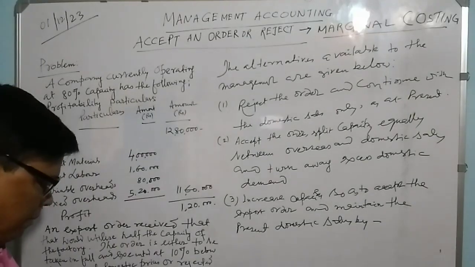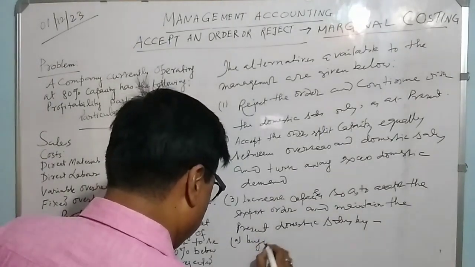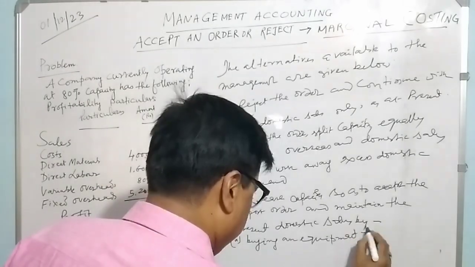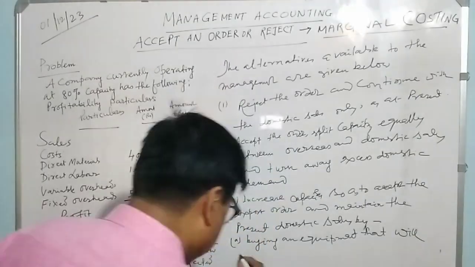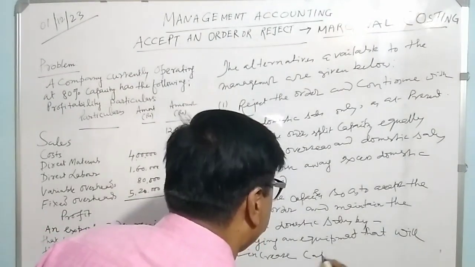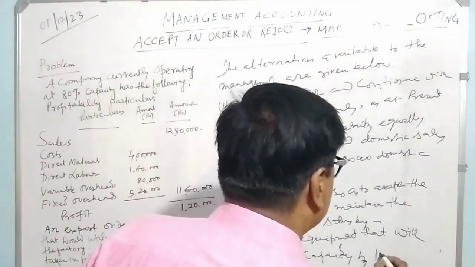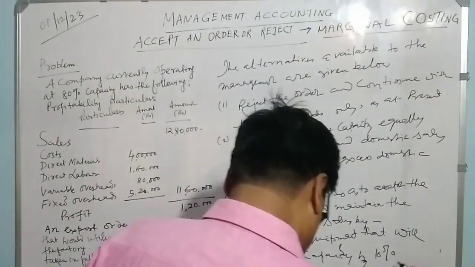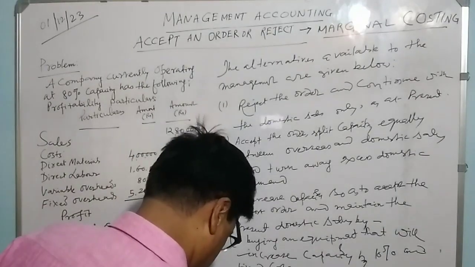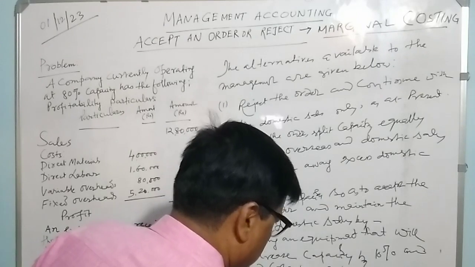Option A: you can buy an equipment that will increase capacity by 10% and fixed cost by rupees 40,000.